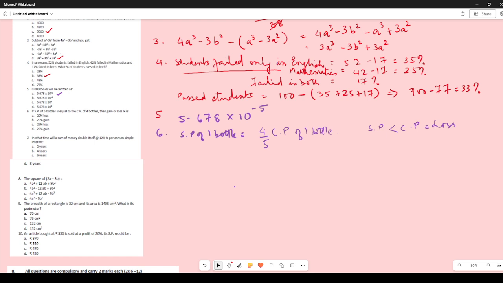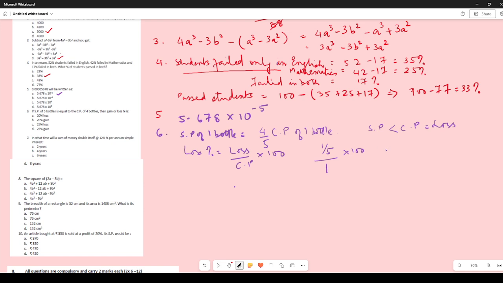Got? So loss तो है यहाँ पर. अभी कितना loss है यहाँ? So let us check out what will be the loss percent. So loss percent, the formula is loss by CP into 100. So what is the loss? 1 minus 4 by 5 is equal to 1 by 5. 1 by 5 is the loss on 1, into 100.